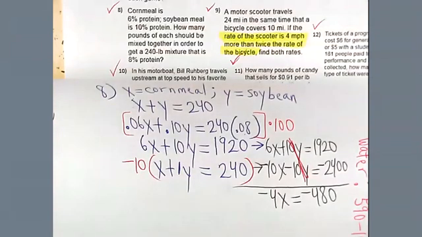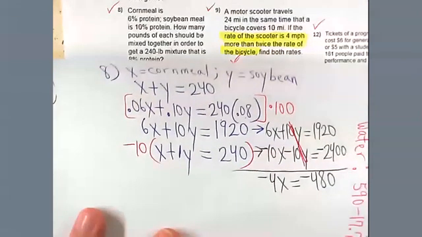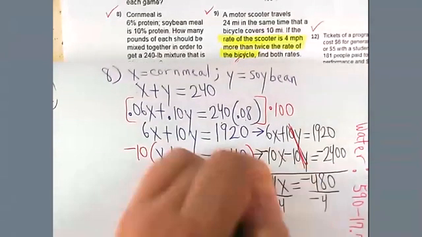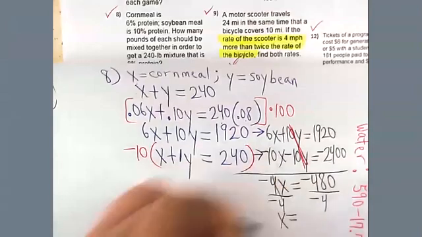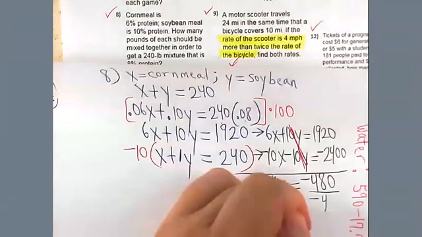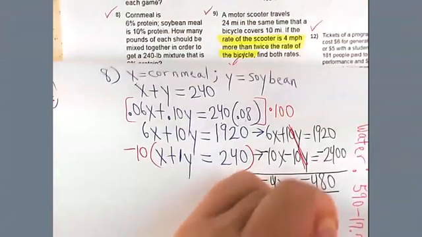When we divide both sides by negative 4, we get x is equal to 120 pounds.